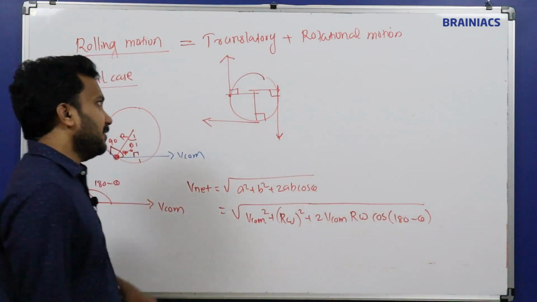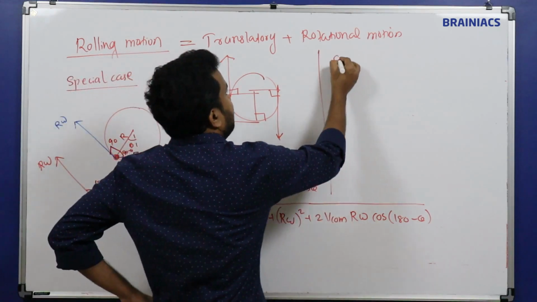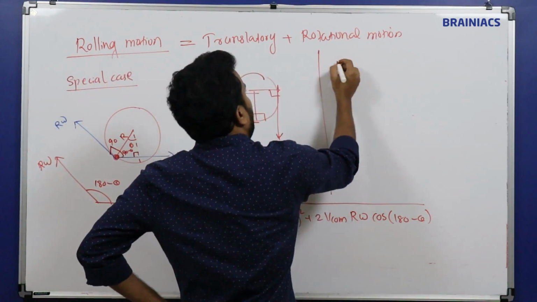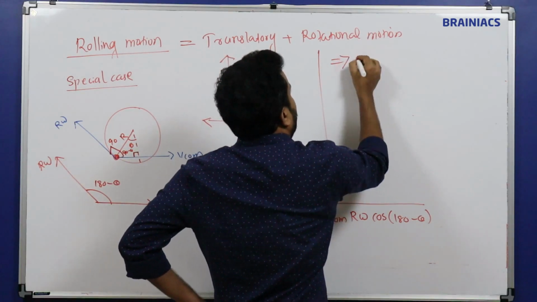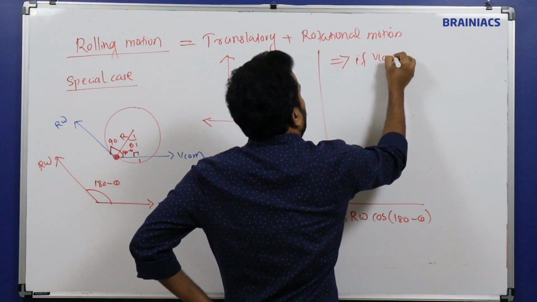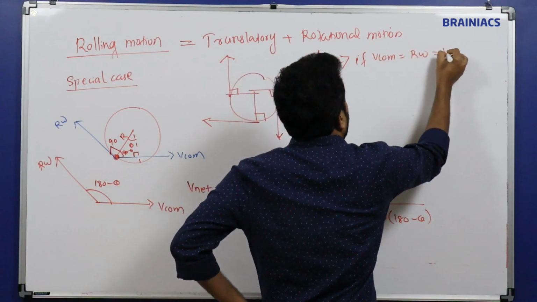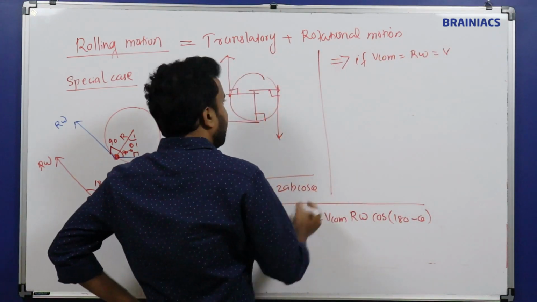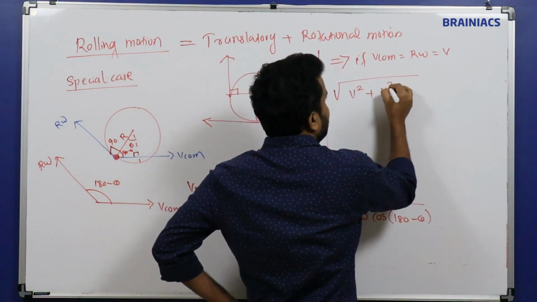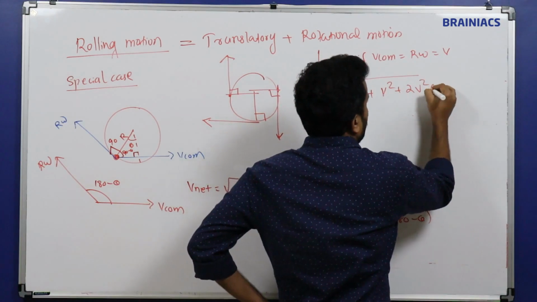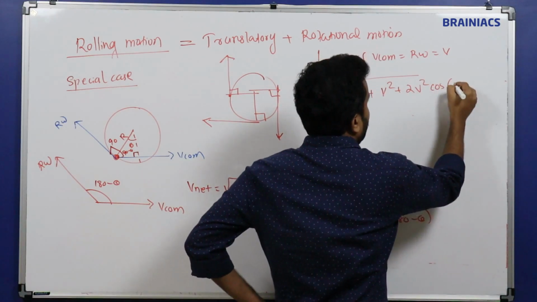There was one question in a previous engineering entrance examination, where the only variable is V. We can write, if VCOM equals R omega equals V, how does this change? Root of V square plus 2V square cos of 180 minus theta.